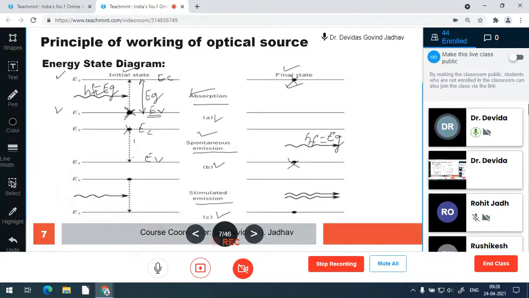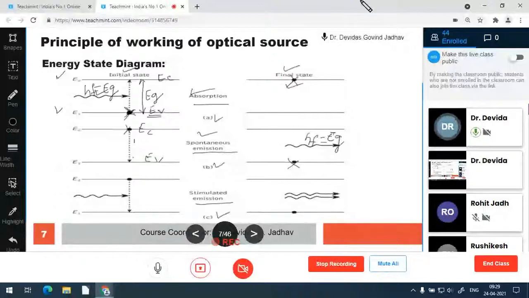So this is emission, which is spontaneous. The electron is in the conduction state, and spontaneously it jumps into the valence state without any external cause or external effect, automatically. The electron jumps on its own from the conduction state to the valence state. It is spontaneous emission.